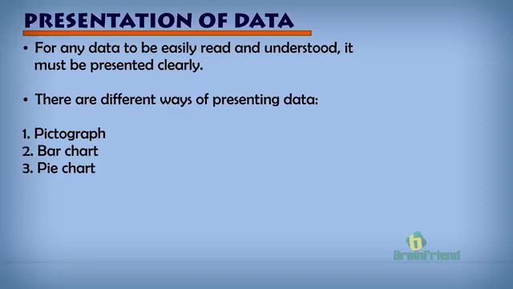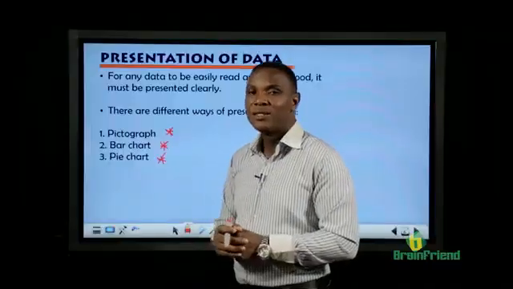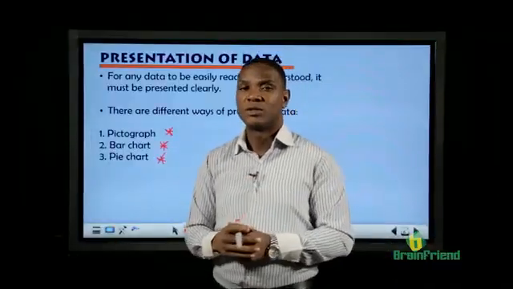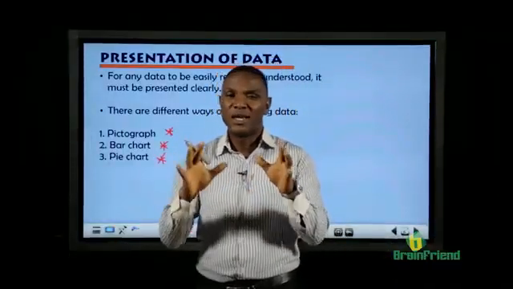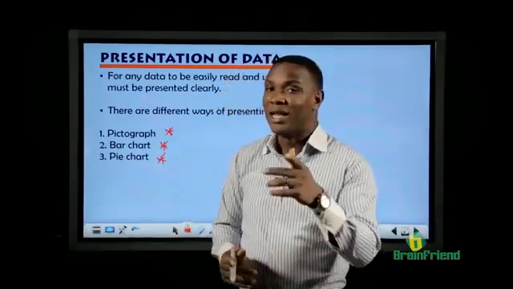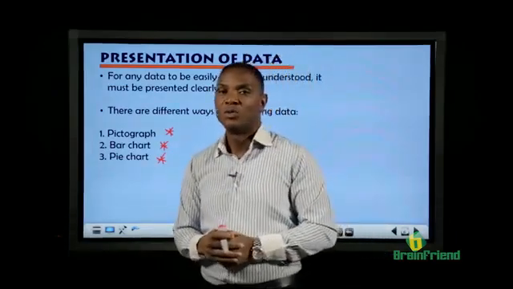So I could use the pictograph method to present my data, or the bar chart method, or even the pie chart method. Now, these are 3 very interesting methods, and shortly we're going to look at each and every one of them and learn exactly how to make use of them.